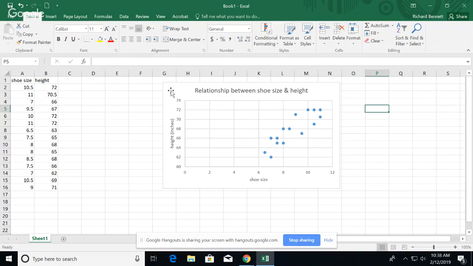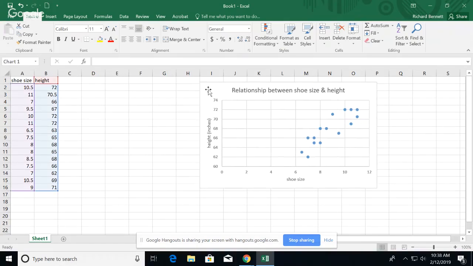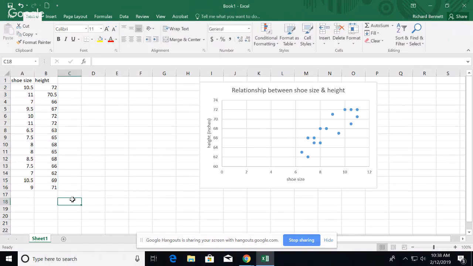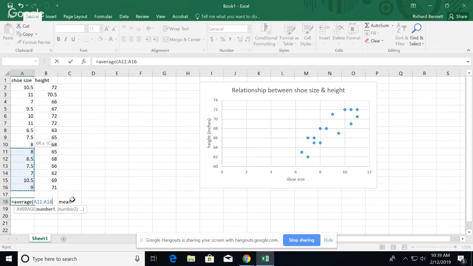Okay? So step number 1 says what, Brenda? Find the mean for your X and Y. Do you remember how to find that? Equals average, and then you're going to highlight all of your data for the shoe size.